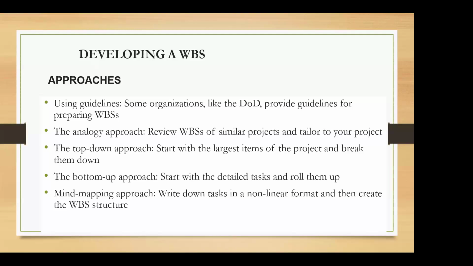People tend to use this top-down approach. You have the project at the very top, and then you break it down into broader categories based on the deliverables in most cases. And then you try to break down those broader categories even further. So this is called a top-down approach.